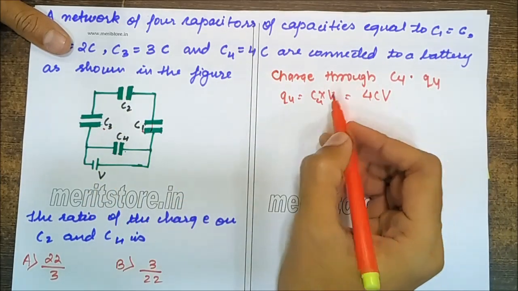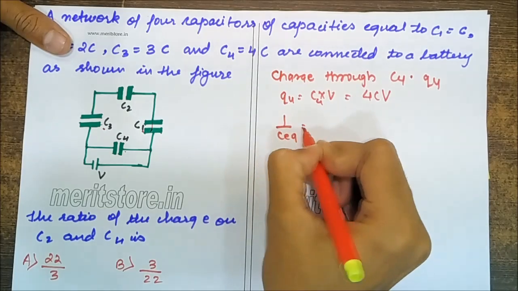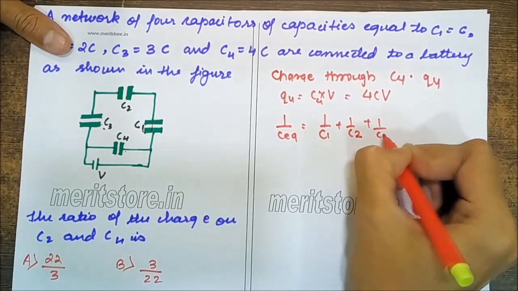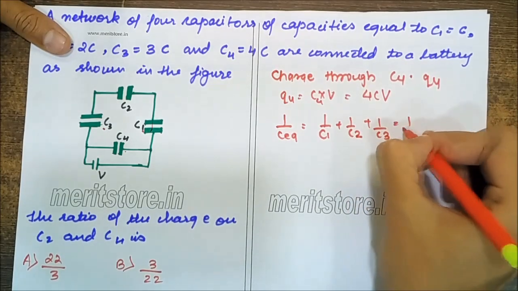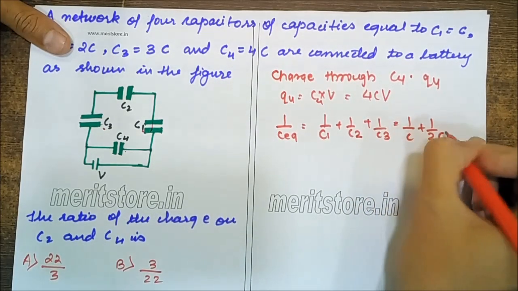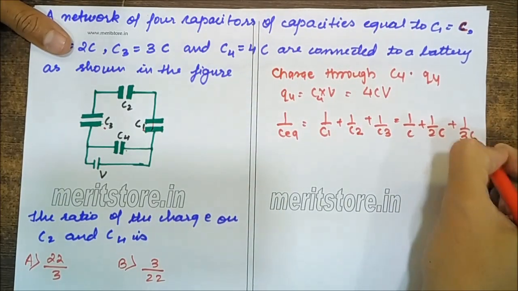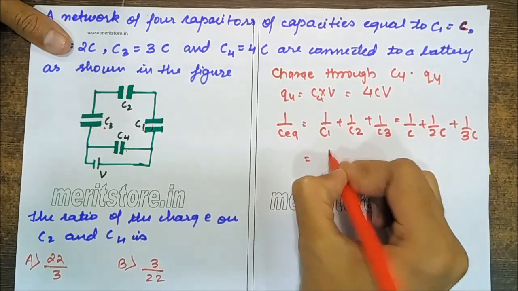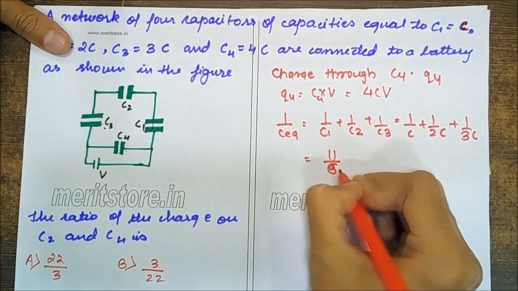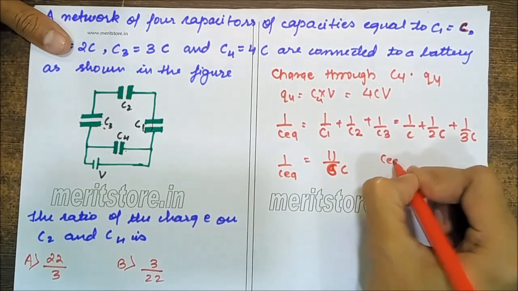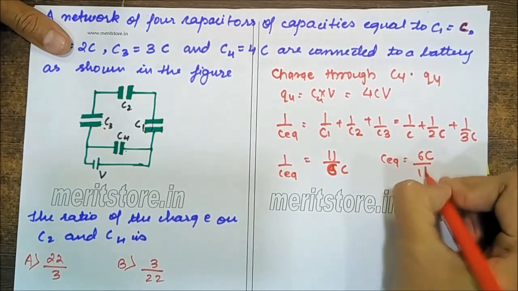So the series combination of these, C equivalent, will be equal to 1 upon C1 plus 1 upon C2 plus 1 upon C3. That will be nothing but 1 upon C plus 1 upon 2C plus 1 upon 3C. That will give you a value of 11 upon 6C. That is 1 upon C equivalent. So C equivalent is nothing but 6C upon 11.